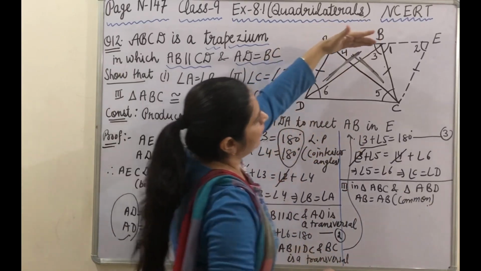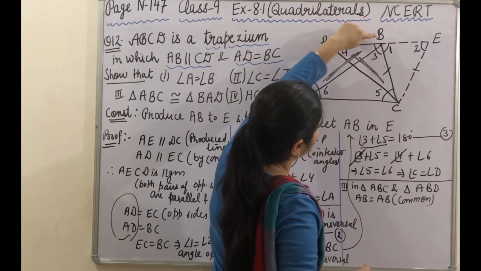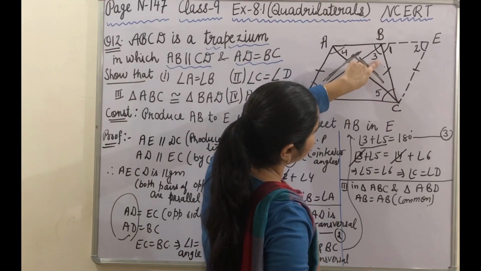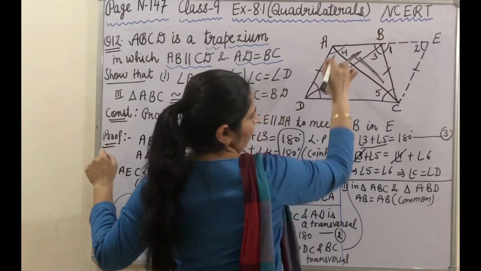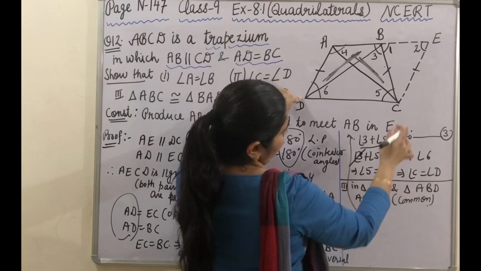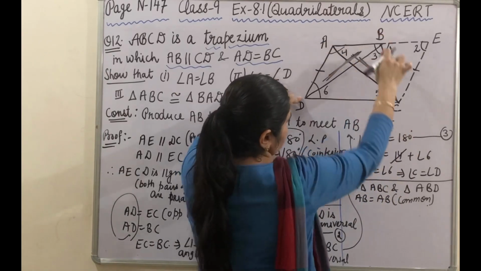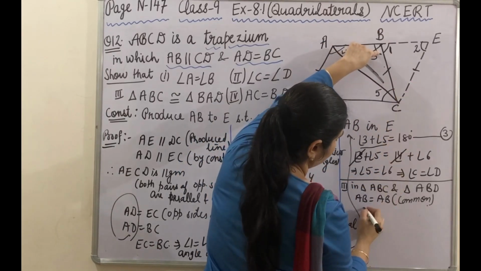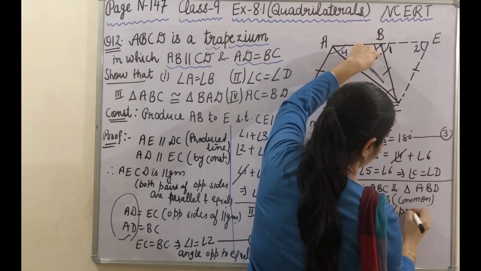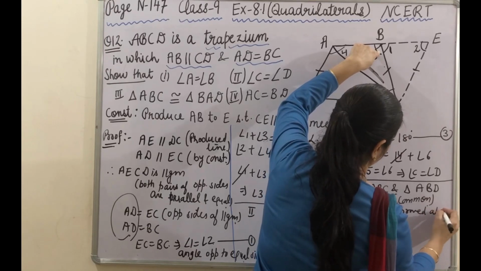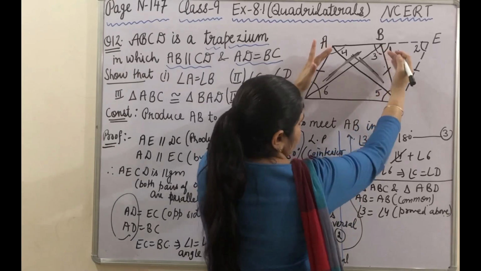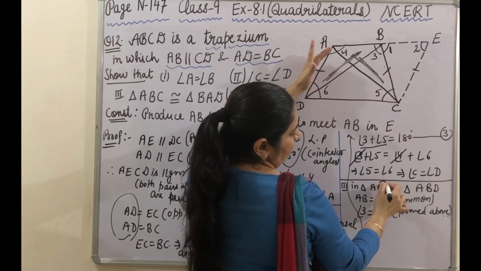Okay. And here in this triangle, angle ABC is angle 3, and here in this triangle the angle is angle 4. Both the angles are equal. Already we proved it here. So I can write in triangle ABC, angle 3 is equal to angle 4, proved above. And the third element is AD is equal to BC, already given, but here it is BC.